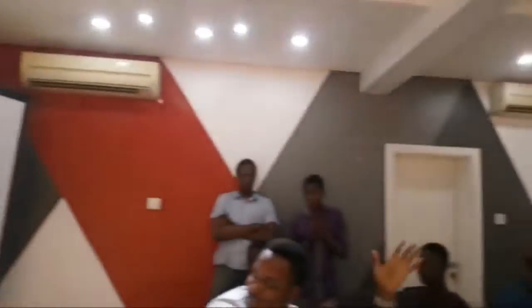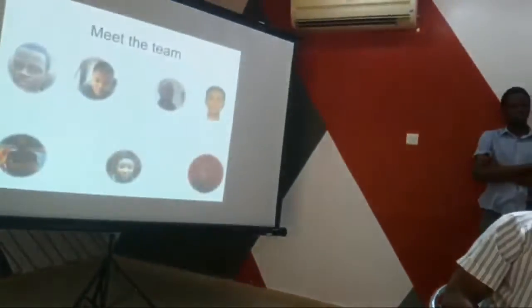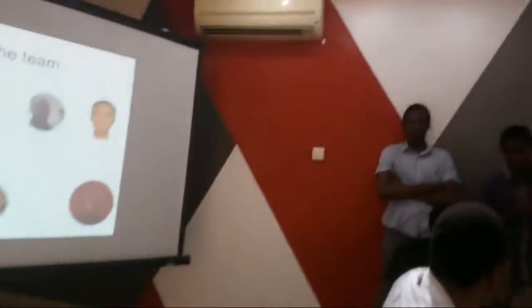Ubon, that's him here. Festus, that's an amazing guy. Oliver, that's him at the back there. Clinton is not here. That's Victory, and that's Abdulaziz. Please, guys, give them all a round of applause. Thank you very much.